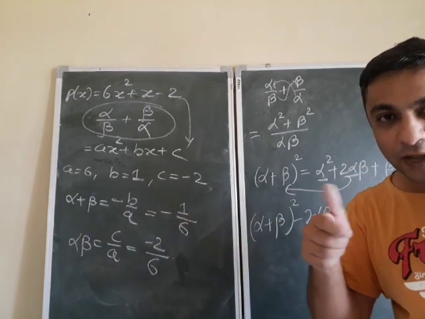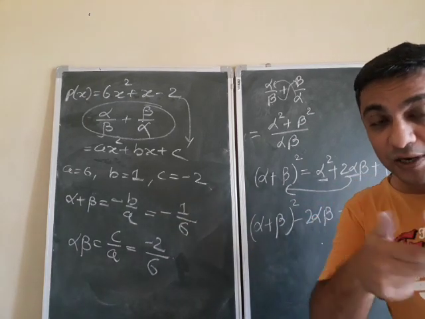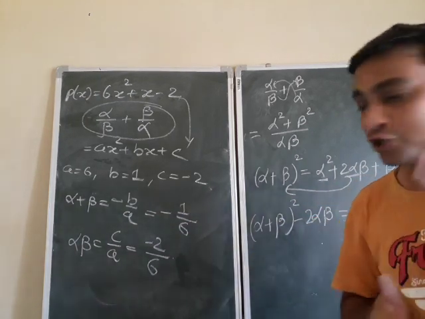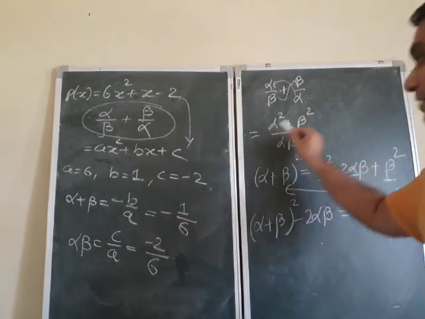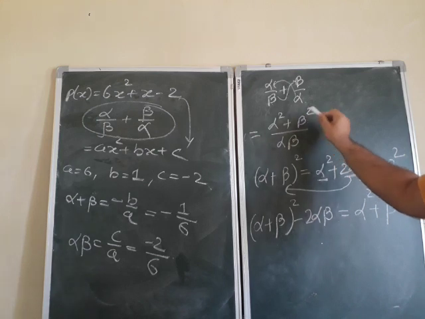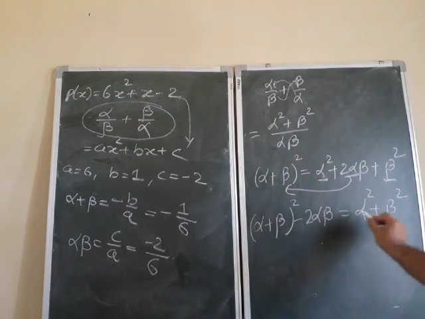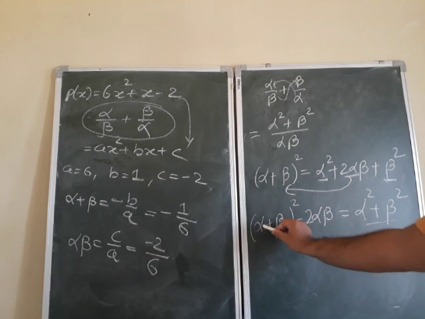Here we don't have alpha, we don't have beta, but we have alpha plus beta and alpha into beta. Understood? So alpha into beta I already have, but I don't have alpha square plus beta square. So I convert alpha square plus beta square in terms of alpha plus beta and alpha into beta.